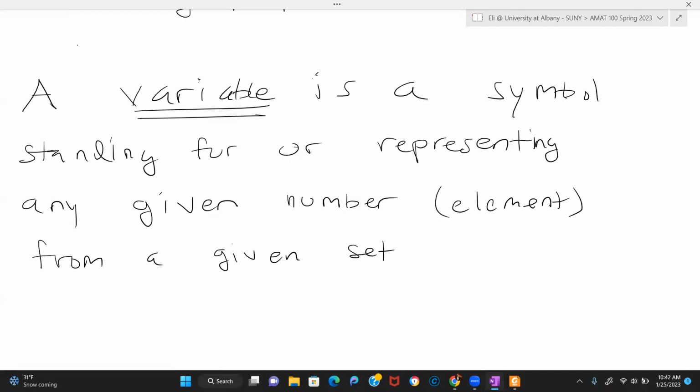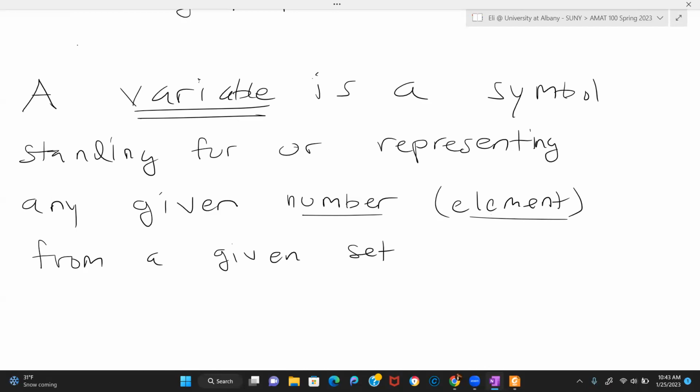So a variable is a symbol standing for or representing any given number or element or point or object in a given set. So you can't talk about variables without talking about sets, because variables represent elements or numbers from a set.